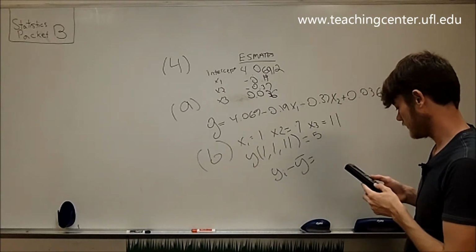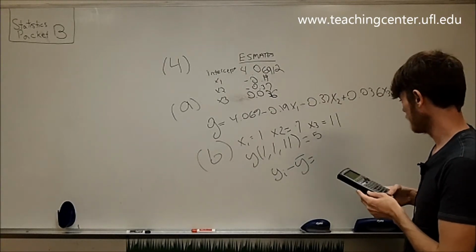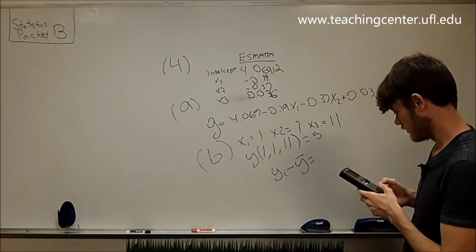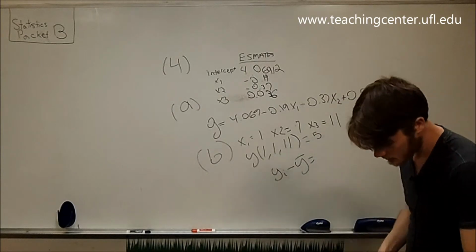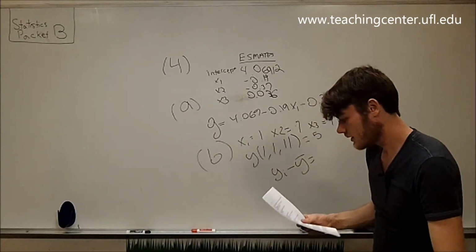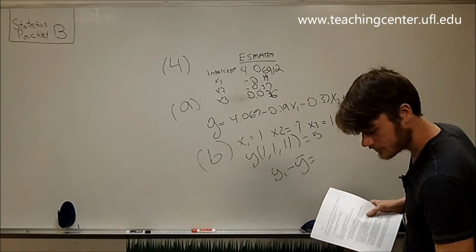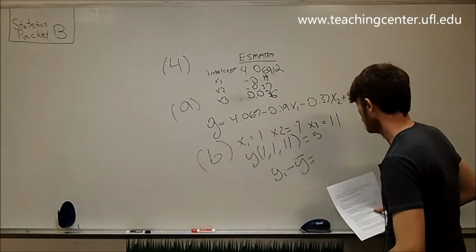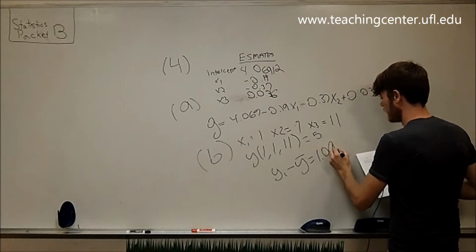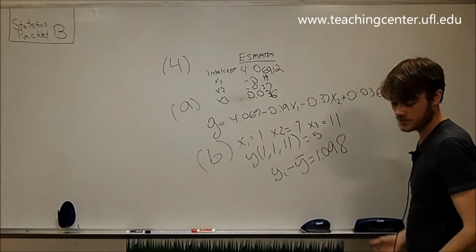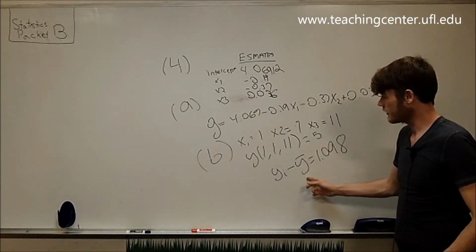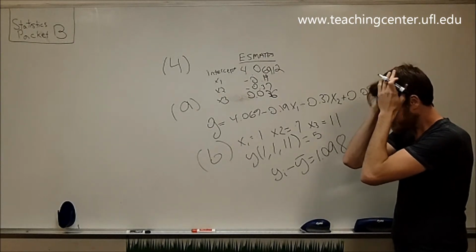And then we do 5 minus this. And we're given that the true value is 5, and we get 1.098. So this is the residual. I just took the true value minus what I got from my equation.